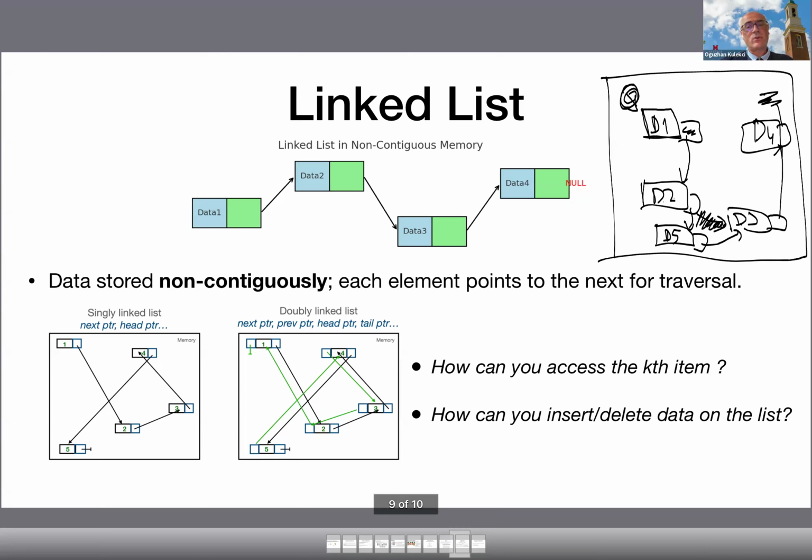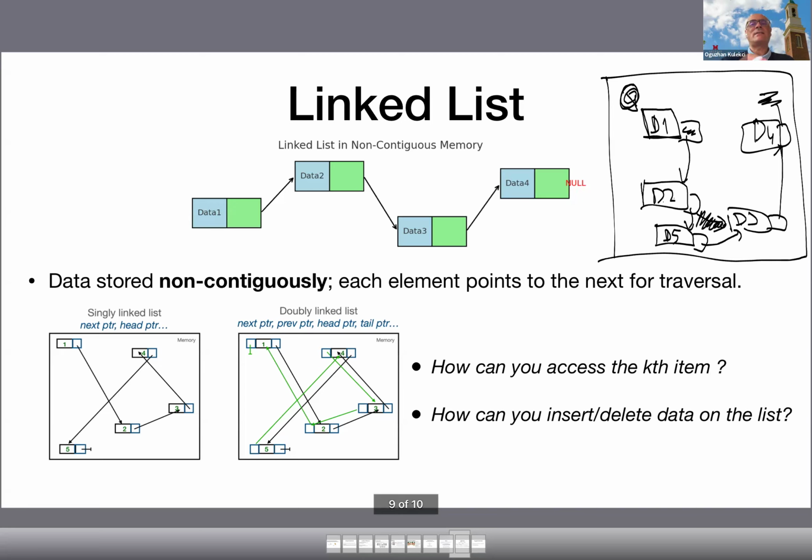However, to make this insertion, you need to go to the appropriate position. That means if you would like to go to the kth element in a linked list, you have to start from the first one and follow the links one by one, one by one. So that is the downside of the linked list. You cannot perform a random access.